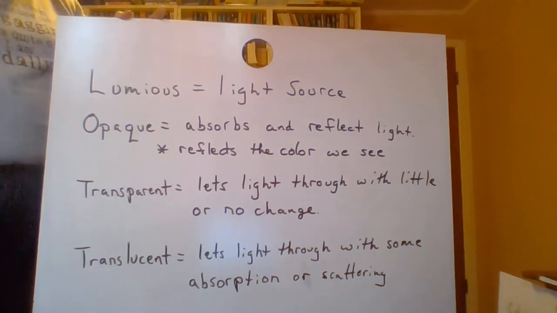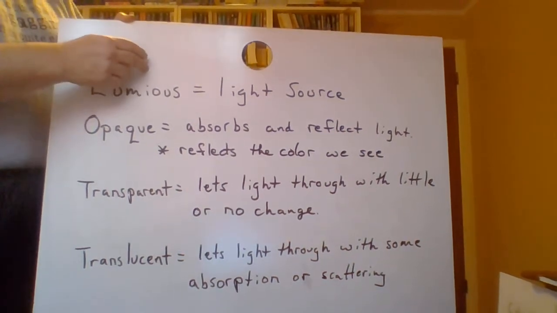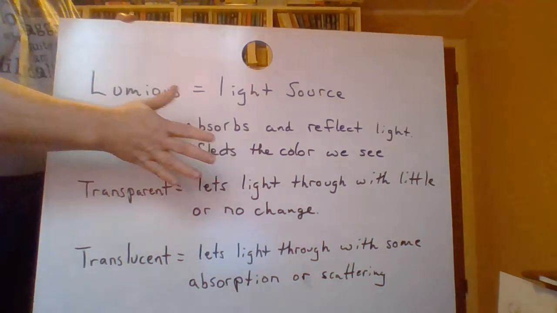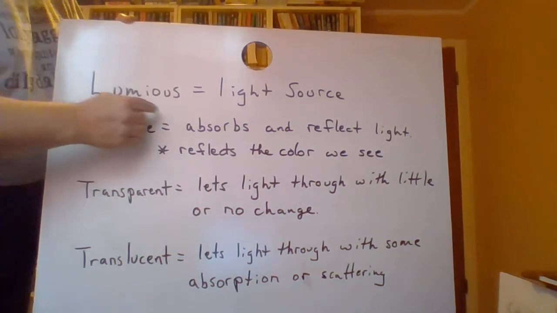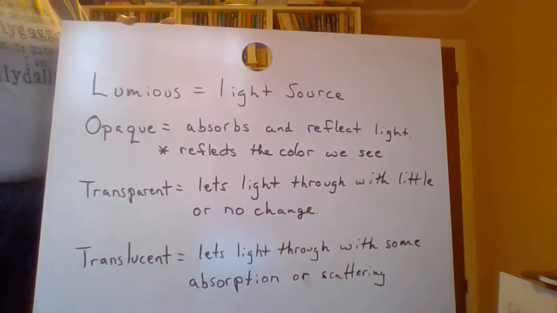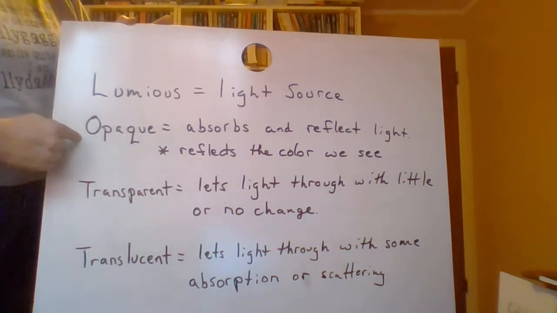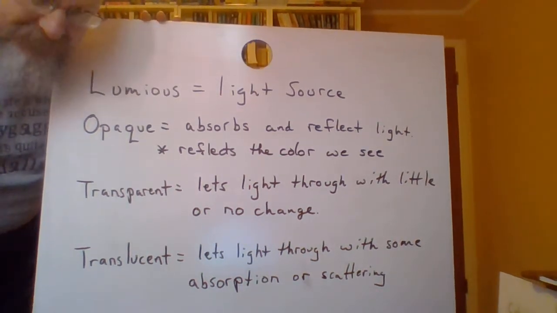It is luminous. Now, this board is opaque. It is reflecting most of the light that's hitting it. That's why it's white. The parts of the board that are not reflecting light are absorbing it. So this word, opaque, technically you're not seeing it.